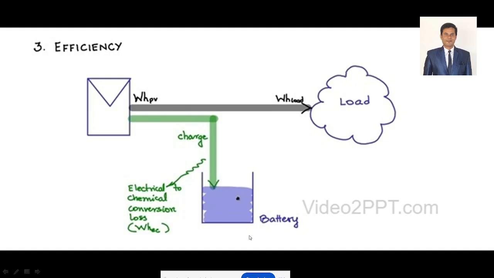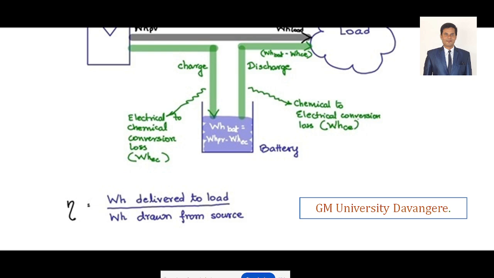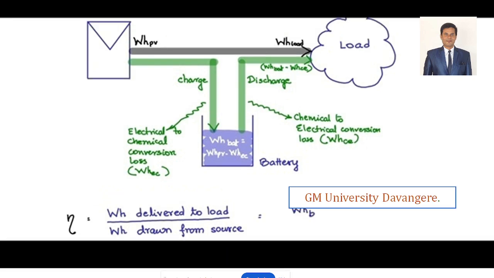So again, when the charge is converted to chemical energy, it will be stored. That is WH battery, the watt hour battery. How much energy is going to be stored? WHPV is the watt hour from the photovoltaic cell, how much power it is giving.